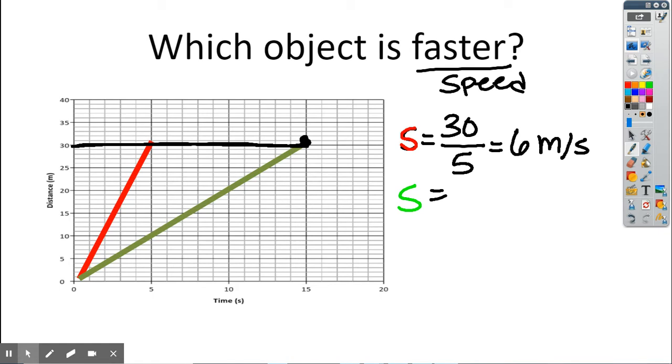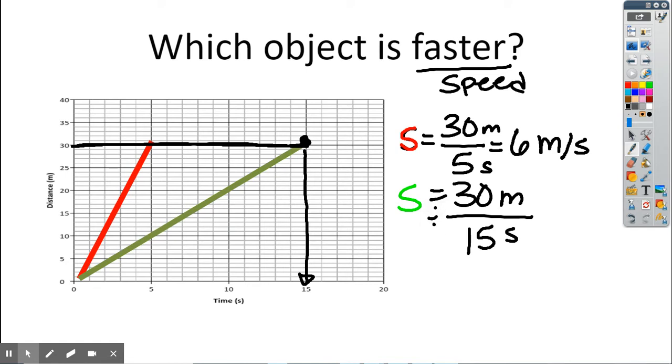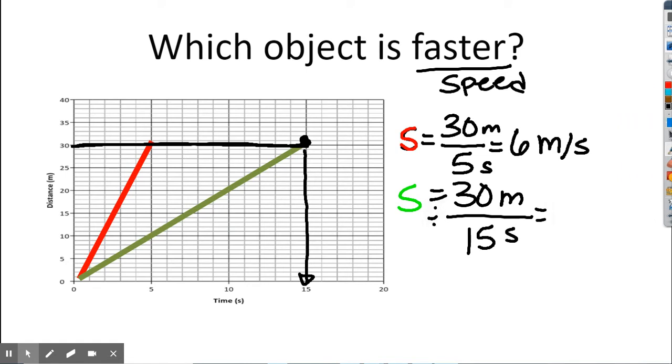So it went a total of 30 meters. Make sure you put that so you remember. 30 meters in how many seconds? 15 seconds. So 30 divided by 15 equals 2. So this one traveled 2 meters per second.